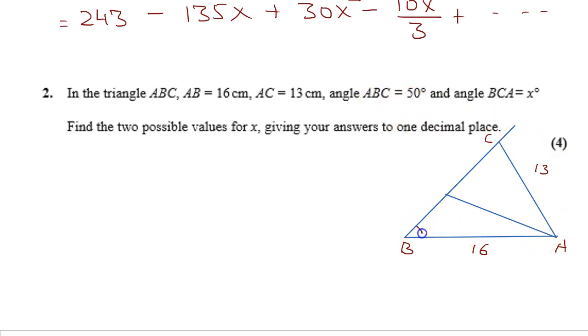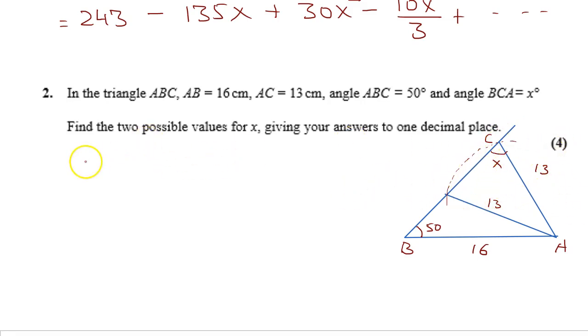Angle BCA is X. Find the two possible values of X. If we draw an arc from here, it can pass through these 2 points, because this is 13 and this can also be 13. So it is intersecting at 2 given points.